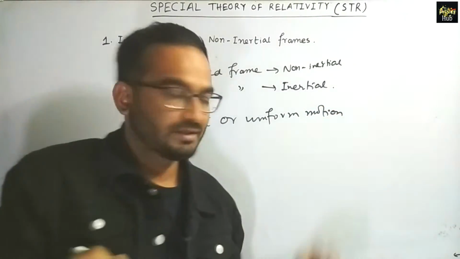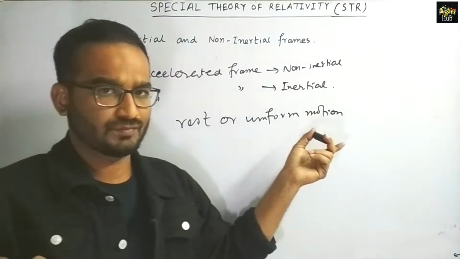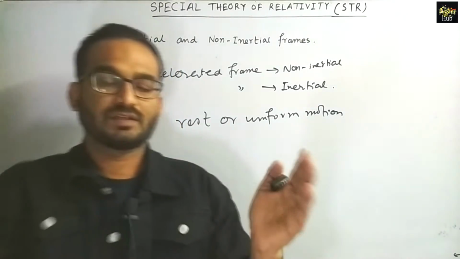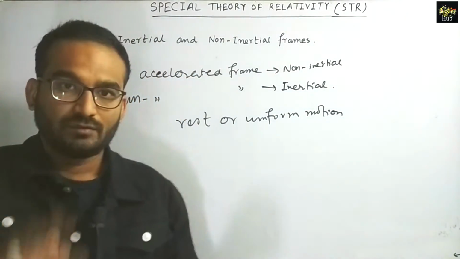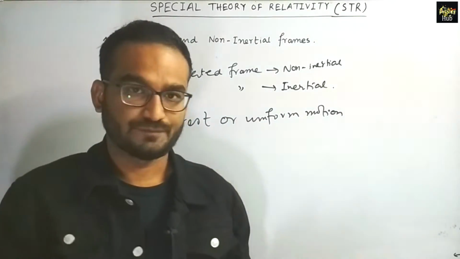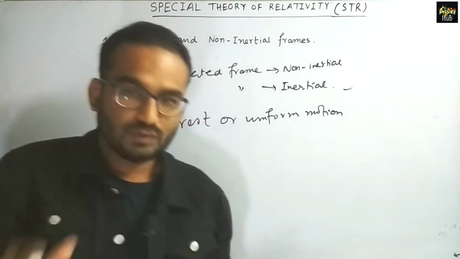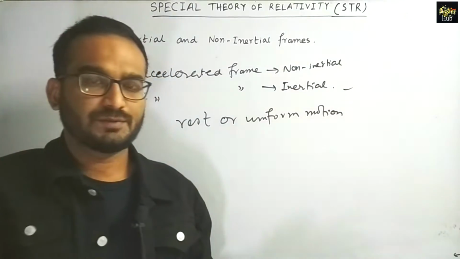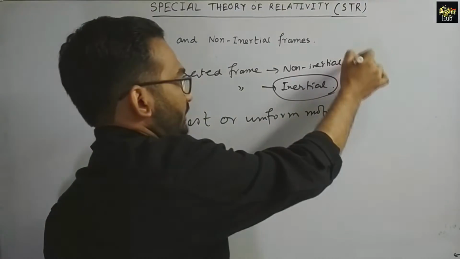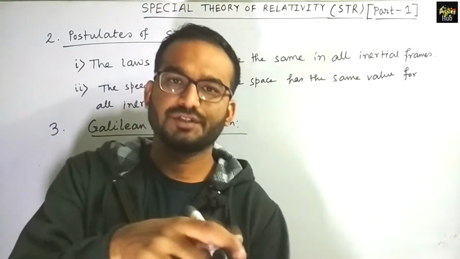This is the same thing you have seen in Newton's first law, the law of inertia: if no force acts upon a particle, then the particle will remain either in the state of rest or in uniform motion. Now we'll do the further discussion on special theory of relativity taking only inertial frames. We'll not consider any non-inertial frames. So you have got the idea about inertial and non-inertial frames.